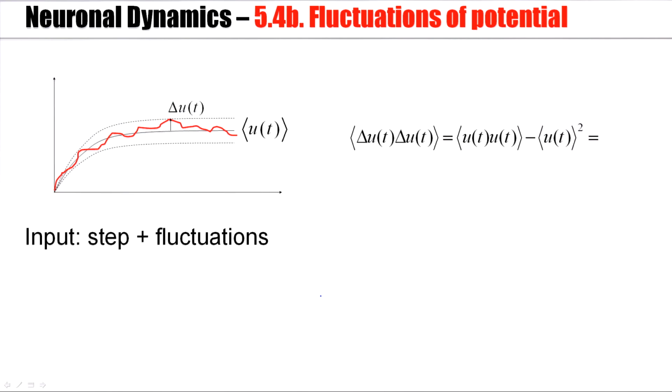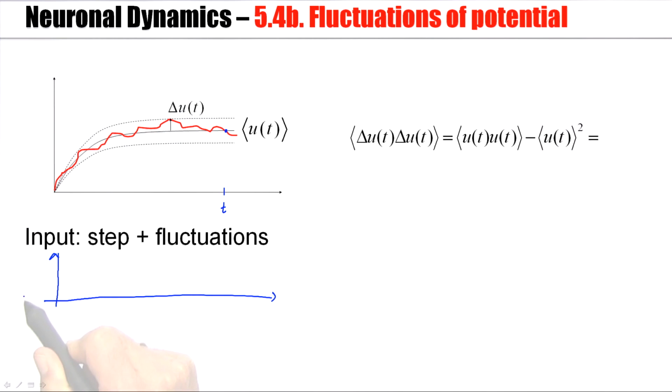So if the mean at a given moment in time, at time t, is u bar, or expectation of u of t, then we are interested in these fluctuations of size delta u, and we look at the expectation of these fluctuations.